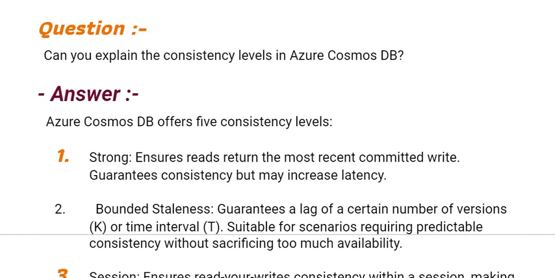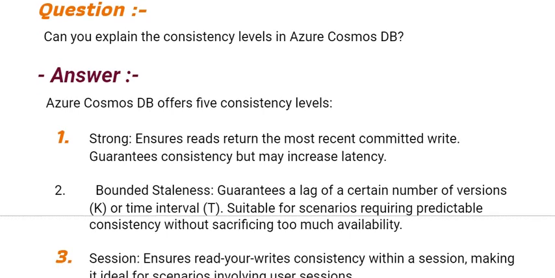Guarantees consistency but may increase latency. Second, bounded staleness. Guarantees a lag of a certain number of versions k or time interval t. Suitable for scenarios requiring predictable consistency without sacrificing too much availability.